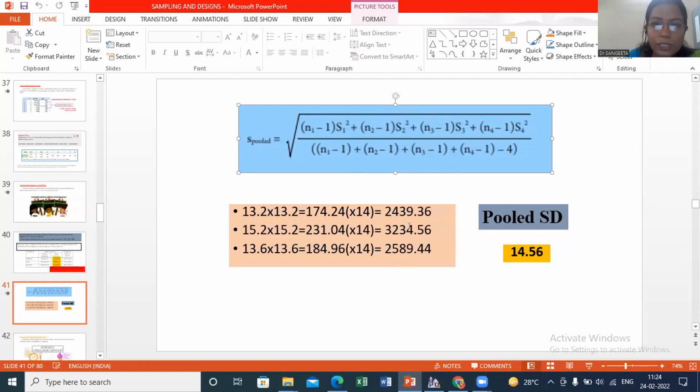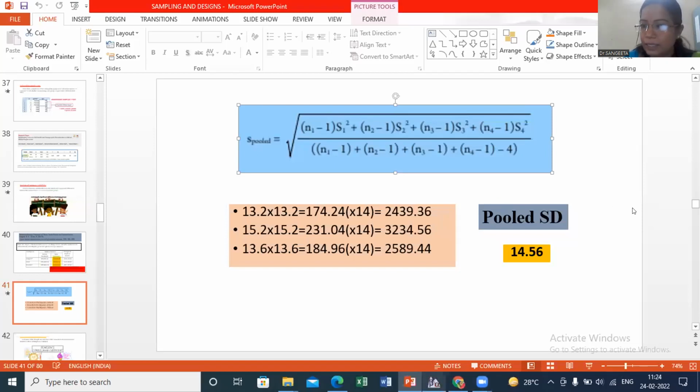So all this you add and you divide it by 39. Whatever you get, you have to take the square root. Is that clear how you're getting the pooled SD here? So we have got the pooled SD to be 14.56.